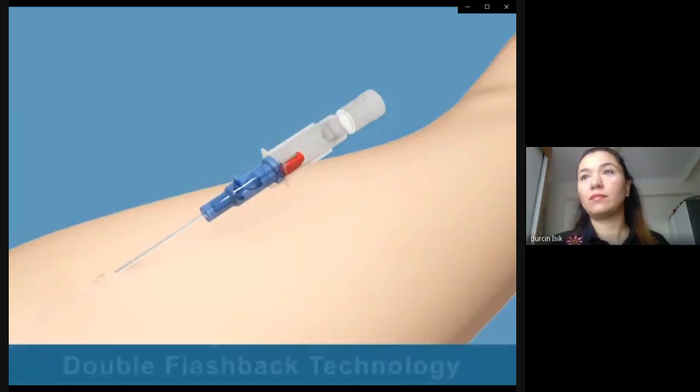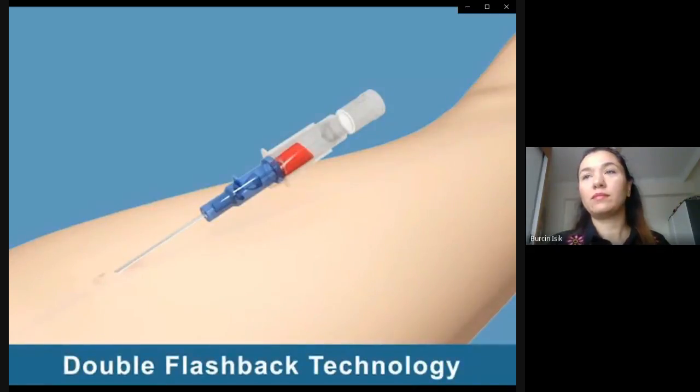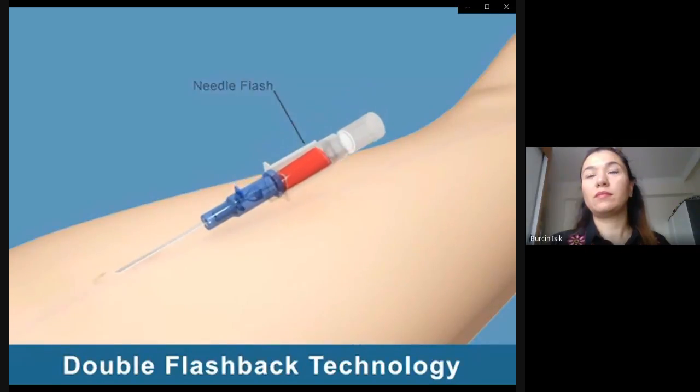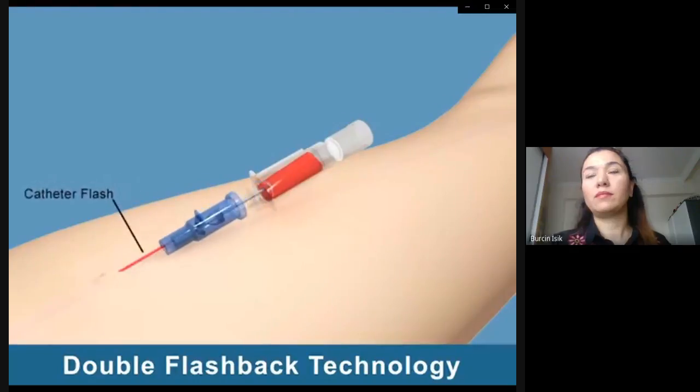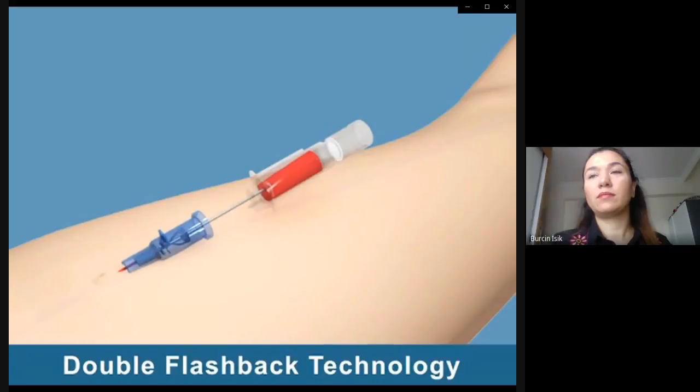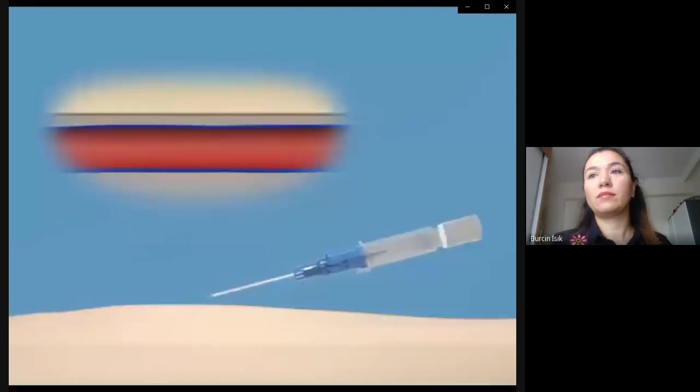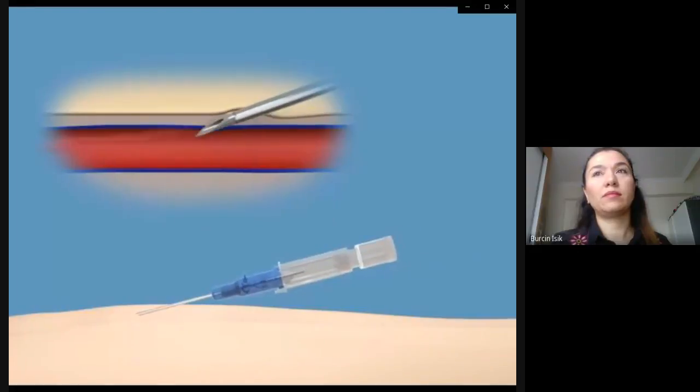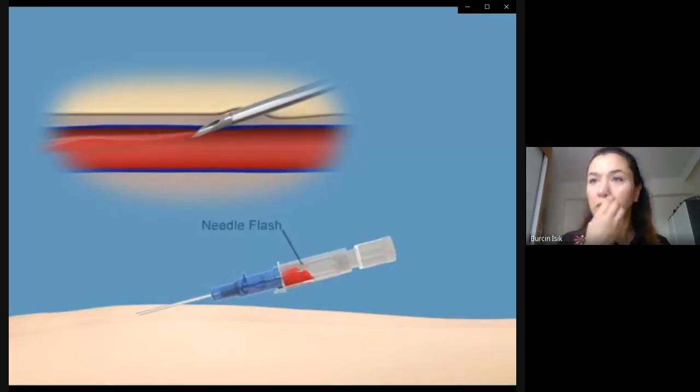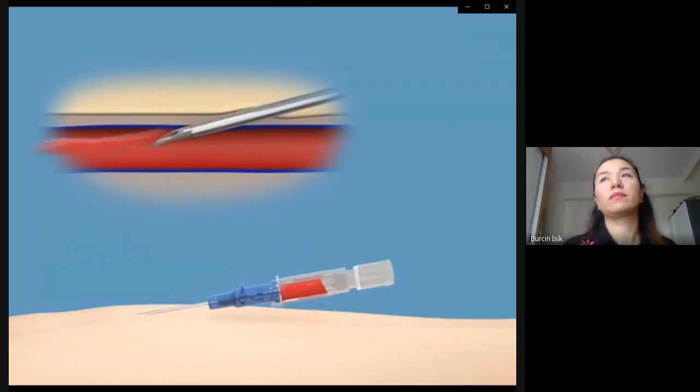Introcan Safety's double flashback technology improves first stick success through quick visualization of both the needle flash and the catheter flash. Here's how the double flashback technology delivers this benefit. Upon insertion, the first flashback of blood, needle flash, is visible in the clear flashback chamber, confirming the needle tip is in the vein.